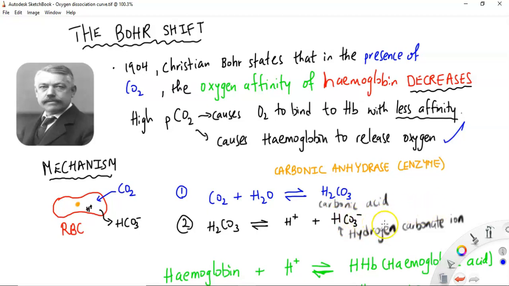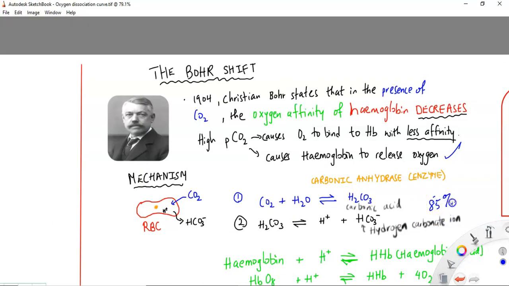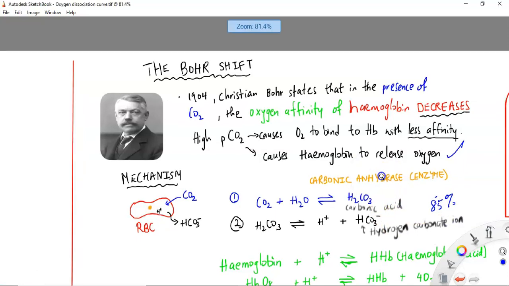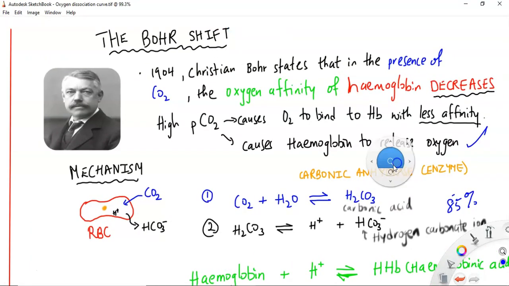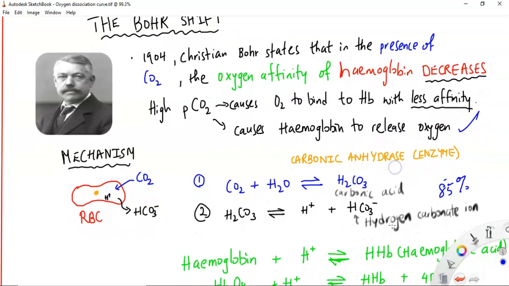That hydrogen carbonate ion is the major form in which carbon dioxide is carried in blood. In fact, 85% of carbon dioxide carried in blood is carried in the form of hydrogen carbonate ion. That's possible thanks to carbonic anhydrase.